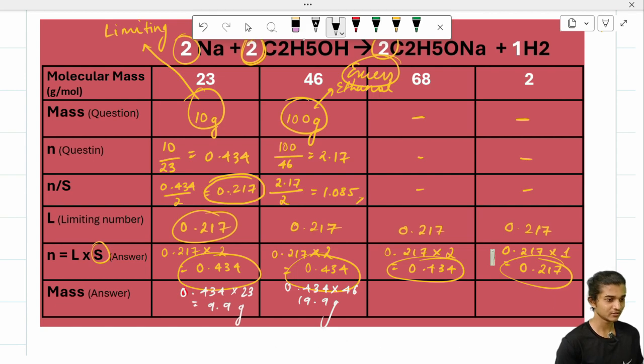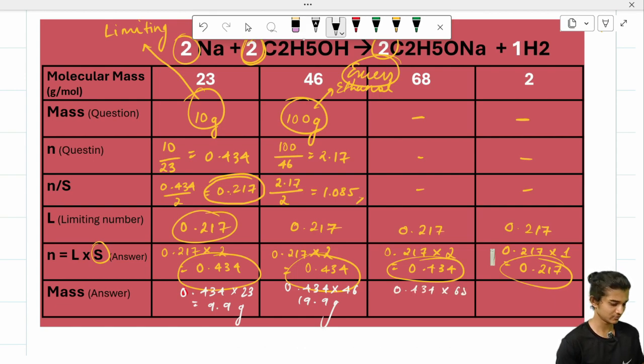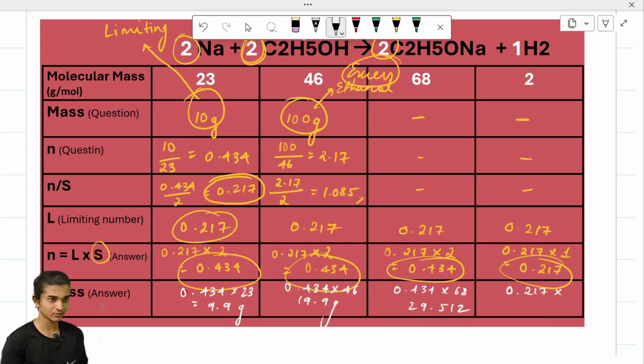Then in this, 0.434 number of moles into molecular mass 68, so 0.434 into 68, 29.512. And at the last, 0.217 into 2, 0.434. So this is in grams, of course.